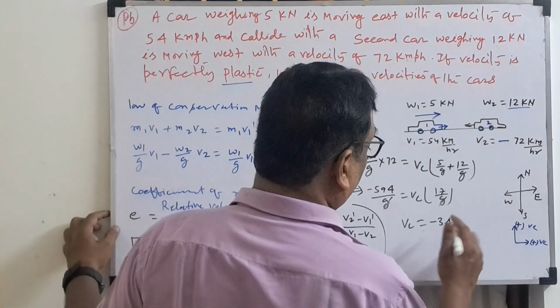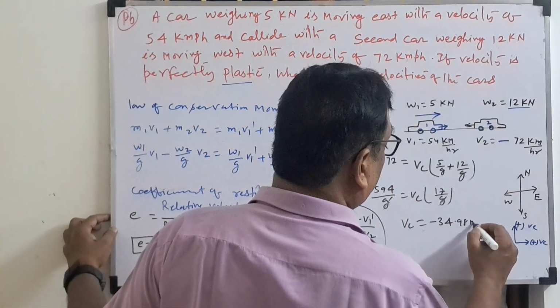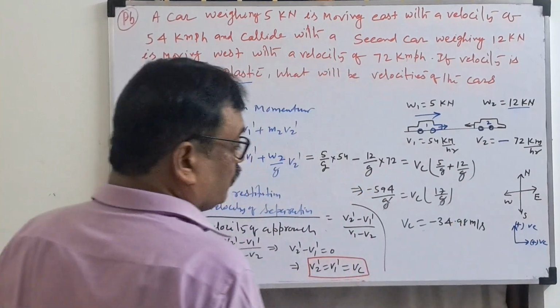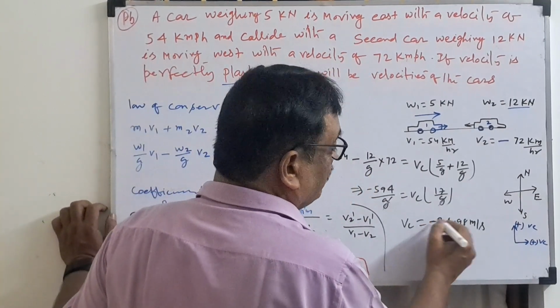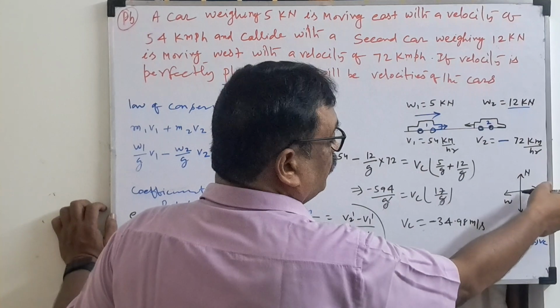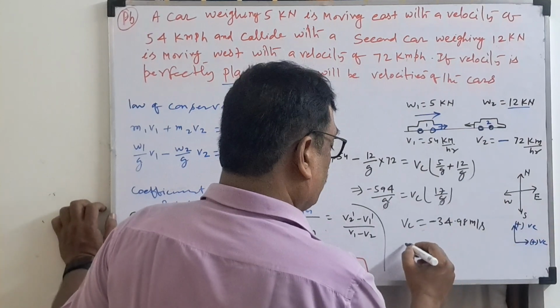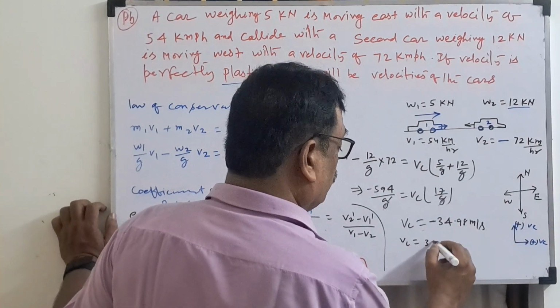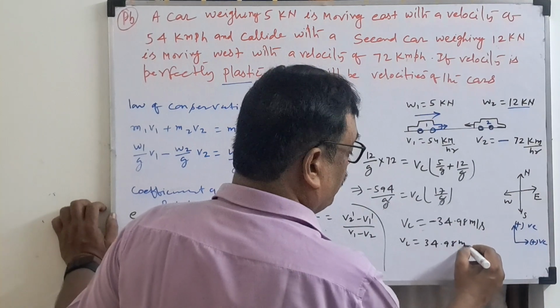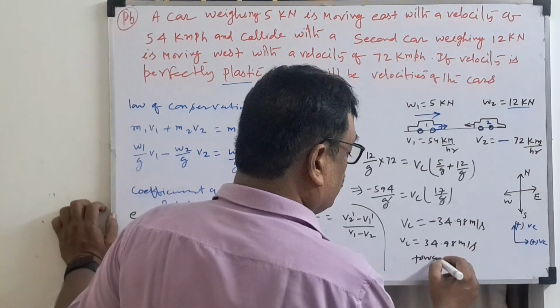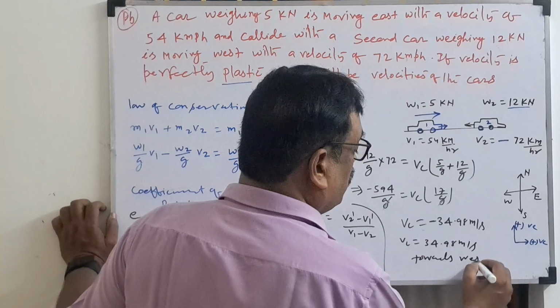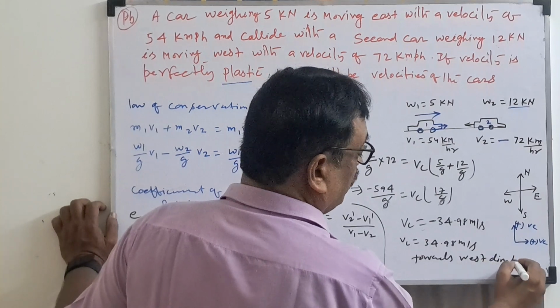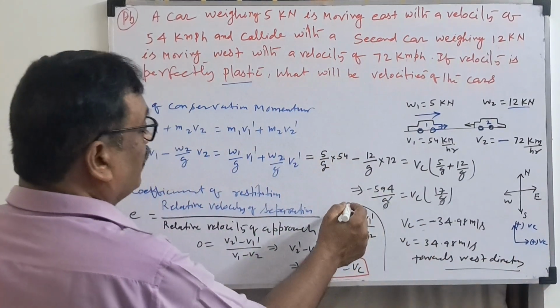So about minus 34.98 meter per second. Now see what the negative sign indicates: the cars will move towards the west. So you can write V equals 34.98 meter per second towards the west direction.